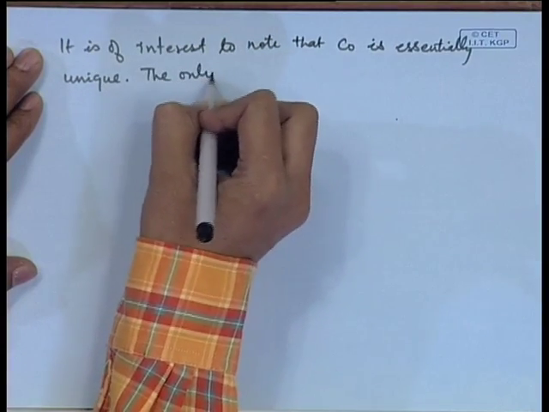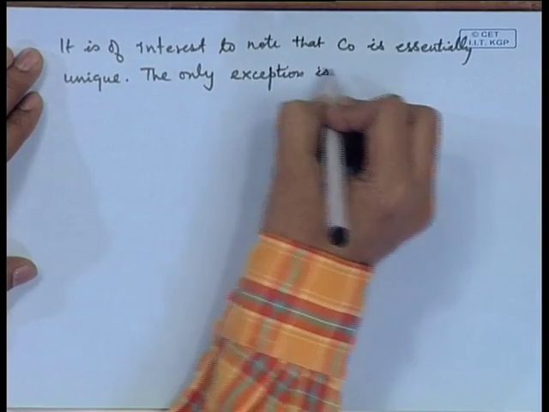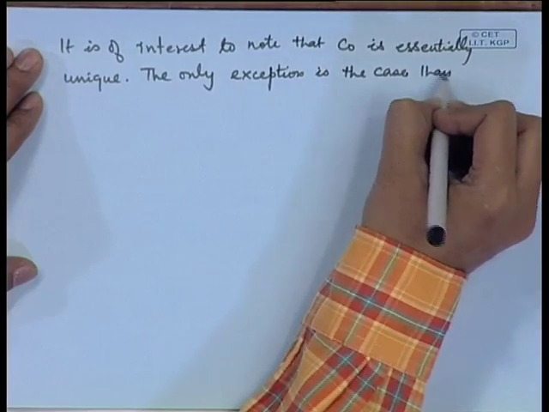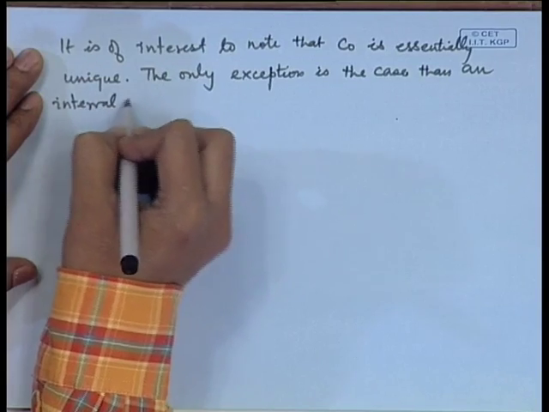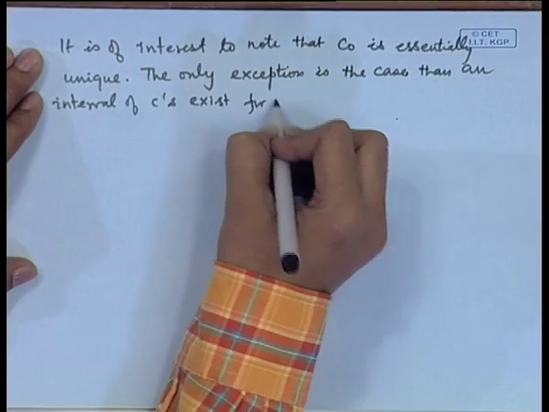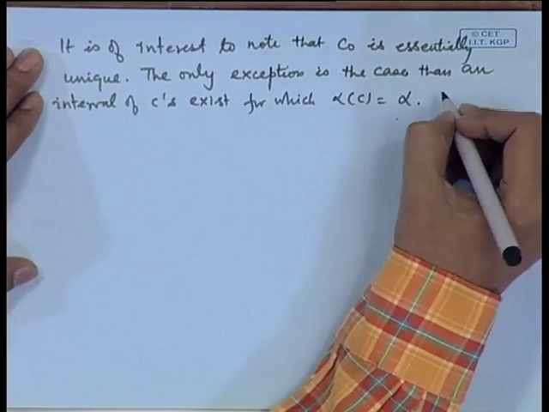The only exception is the case that an interval of C's exists for which alpha C may be equal to alpha.